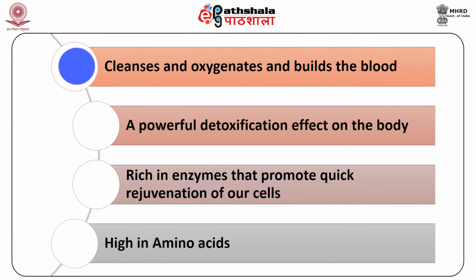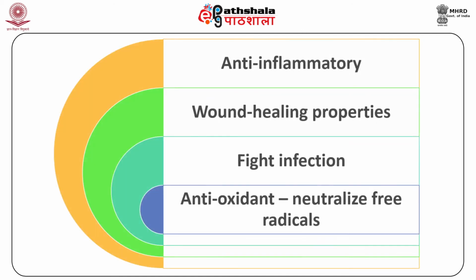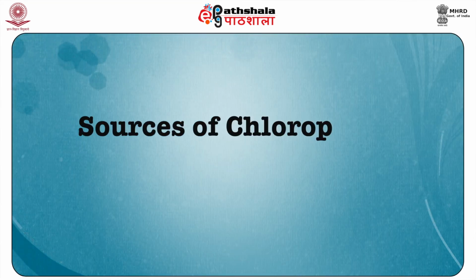The numerous health benefits of chlorophyll are: cleanses, oxygenates and builds the blood, a powerful detoxification effect on the body, rich in enzymes that promote quick rejuvenation of our cells, high in amino acids, extracts toxins from the liver and improves liver function, regulator of calcium, helps break addiction, alkalizes the body, anti-inflammatory, wound healing properties, fights infection, antioxidant, neutralizes free radicals, promotes healthy intestinal flora, helps reverse protein deficient anemia, protection from cancer and helps skin disorders.